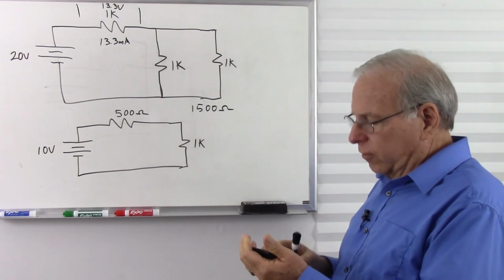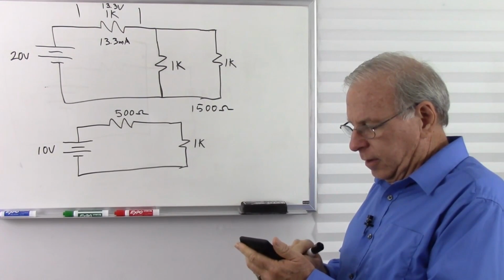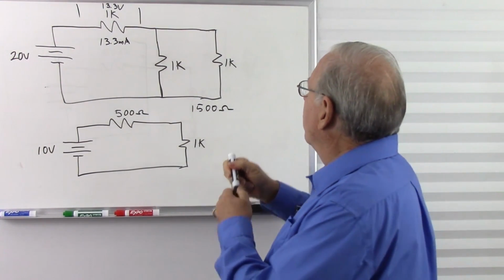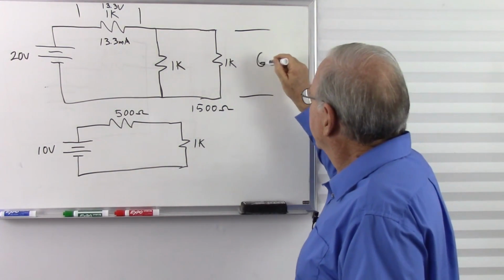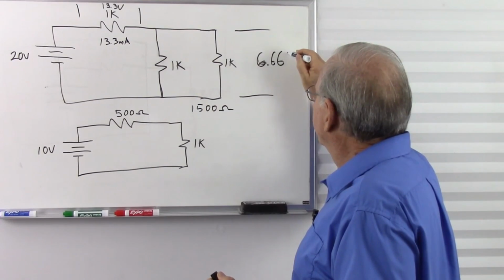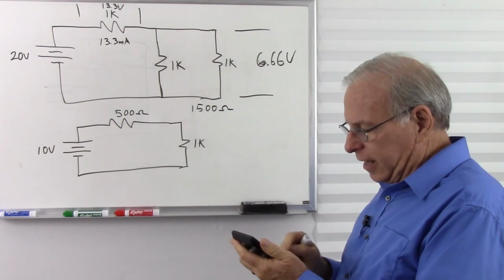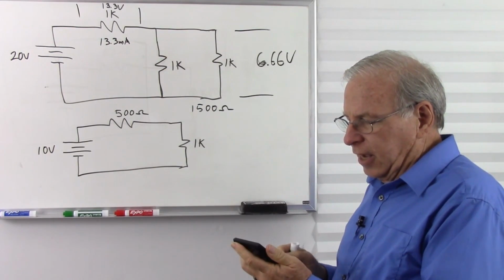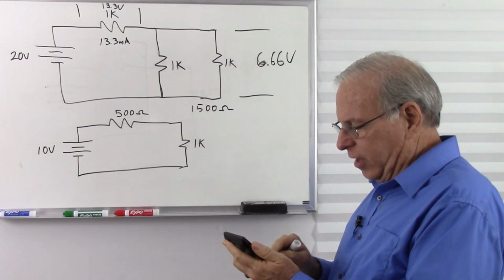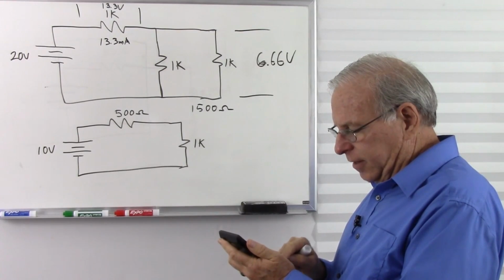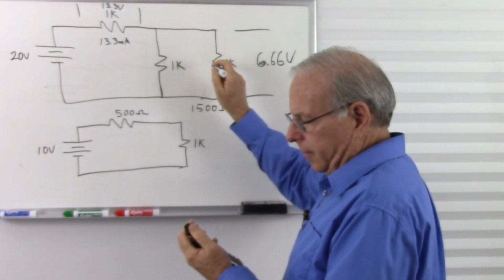Leaving us, take 20 volts and subtract 13.3 volts, and we're going to get left over here 6.66 volts. And of course 6.66 volts with 1K is going to give us a current, let's try that again, 6.66 volts divided by 1,000 is going to give us 6.66 milliamps.